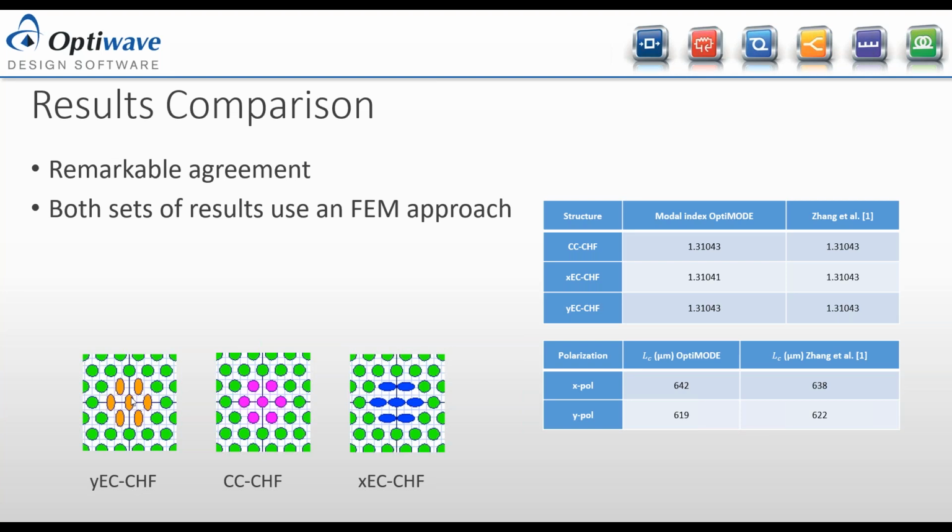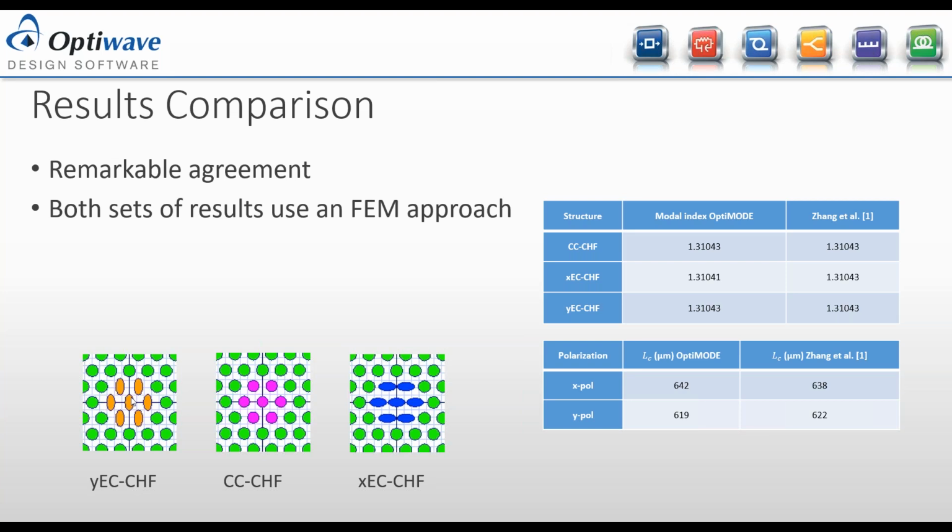And the first section of the paper was trying to match the modal index of these 3 different cores, right? That helps to reduce the insertion loss if you're coupling from a 3-core structure into a 1-core structure. There'll be less loss at the interface.